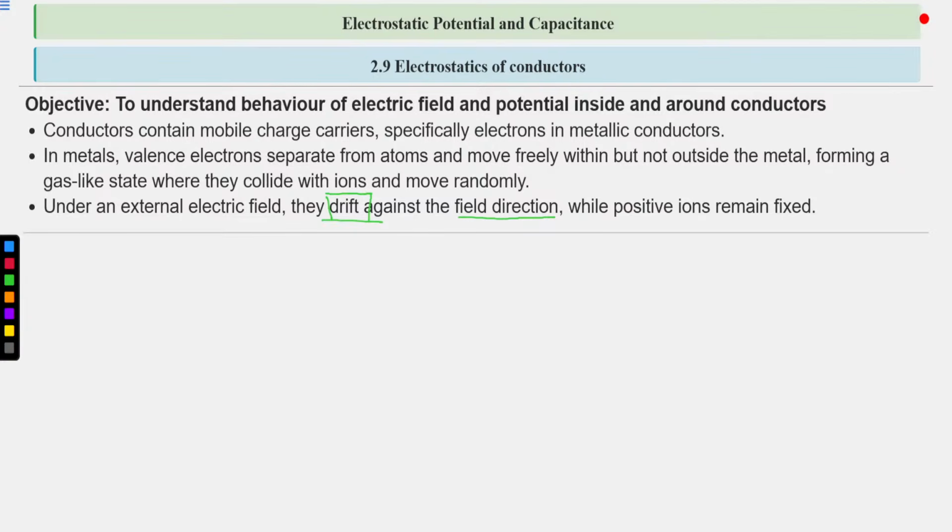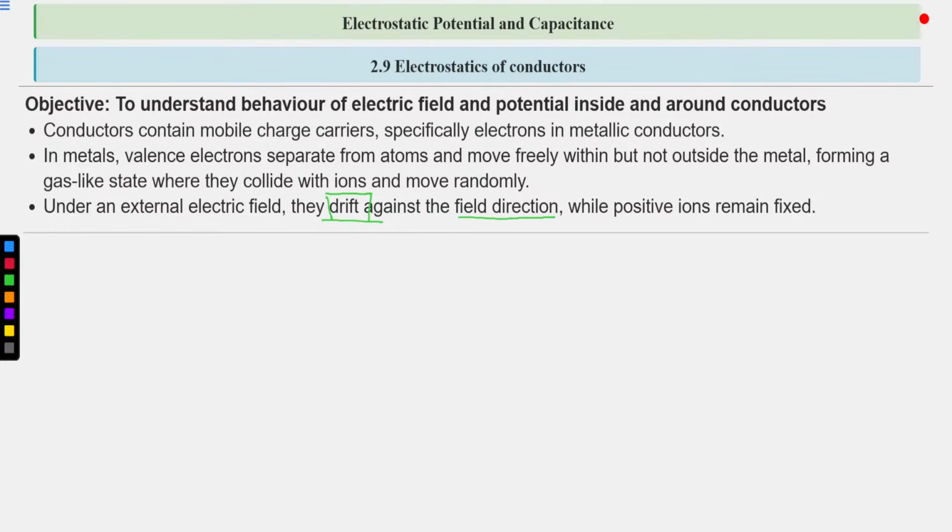But what is drift? Drift is when an electron moves, it collides with the ions and also with the other electrons. After collision, it will gain some acceleration and velocity, and after a very small time it will collide again with another ion or another electron.